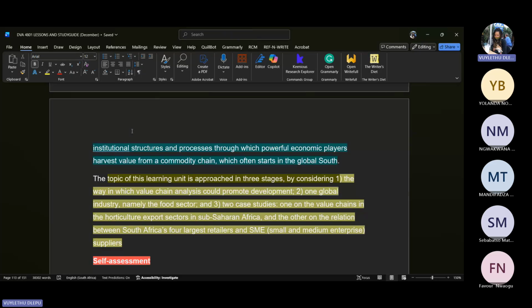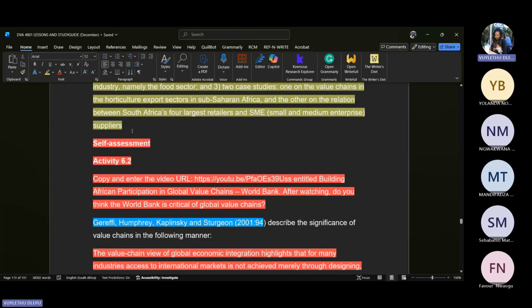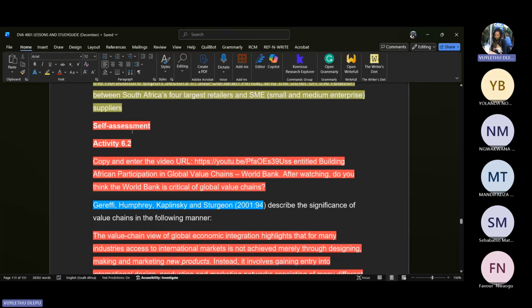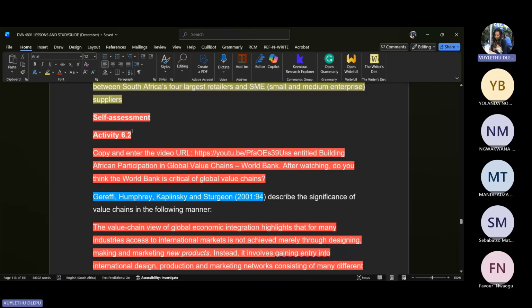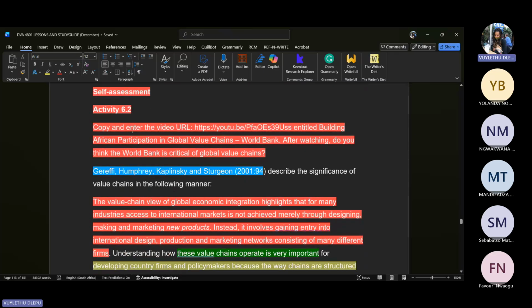So don't forget these 2 case studies. The self-assessment activity 6.2 tells us that we must watch another video, of which I still feel like we have enough information already about what they would have discussed.